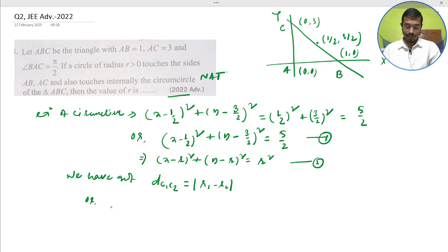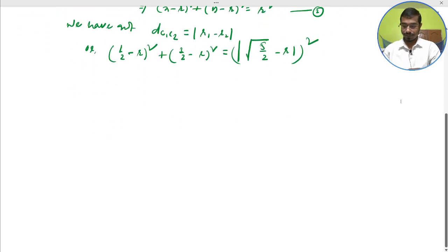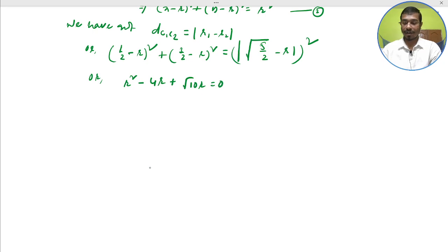We already discussed this theory in the chapter summary class. It would become root of (half minus r) whole square plus (3 by 2 minus r) whole square is equal to mod of (root 5 by 2 minus r). Solve this one. You would get a quadratic equation, r square minus 4r plus root 10 r, that is equal to 0.